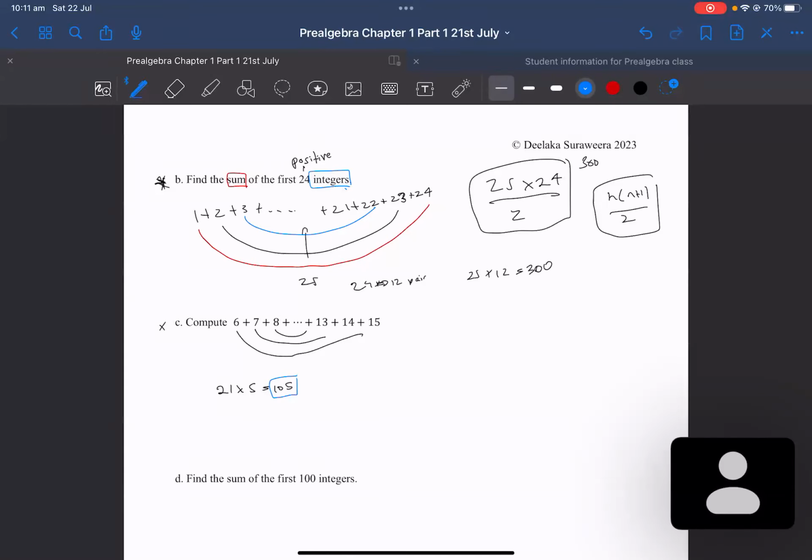So it's just having an idea, generalizing it more and more. That's why it's tricky. Don't worry, just chill.